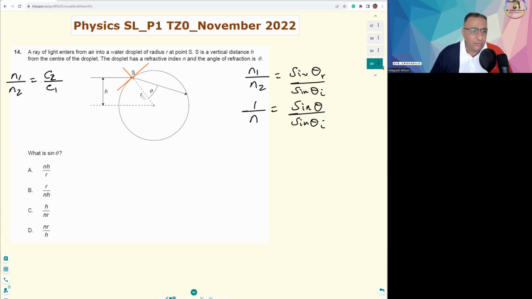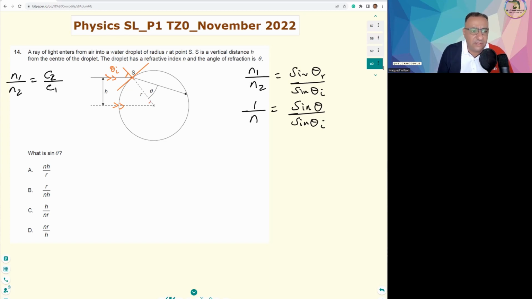Now, since this is the incident ray, the angle between this ray and the normal is going to be theta i. And this side is parallel to this side, and you can see a letter F, so we call them corresponding angles.